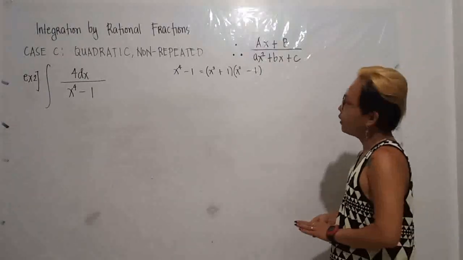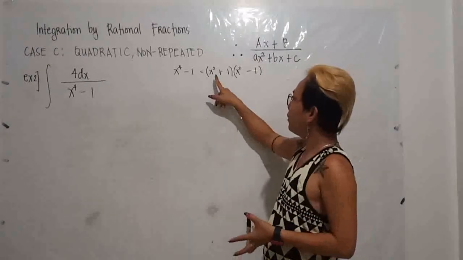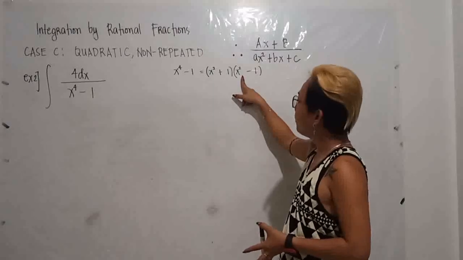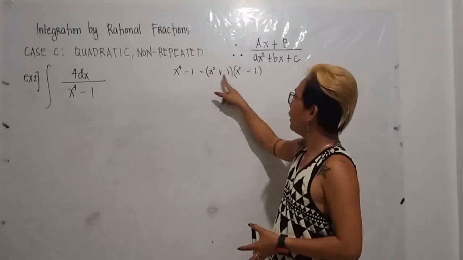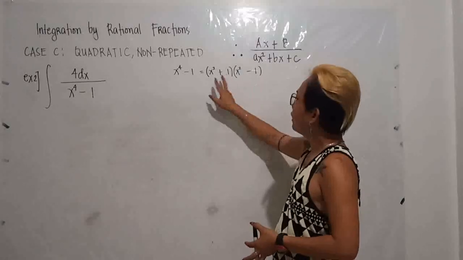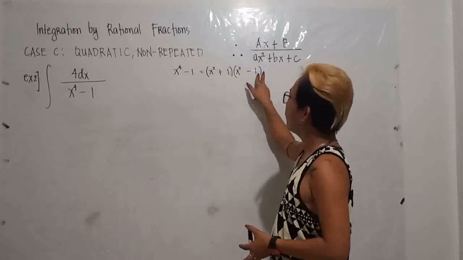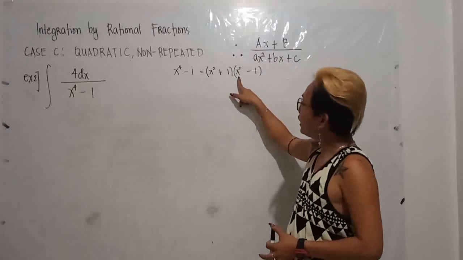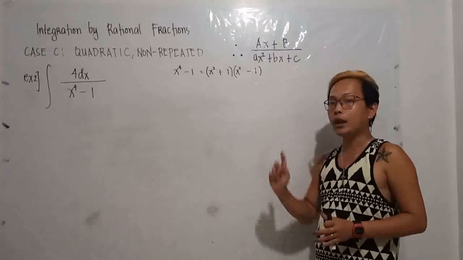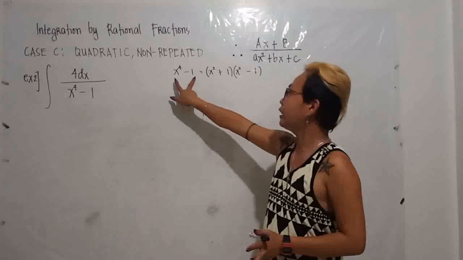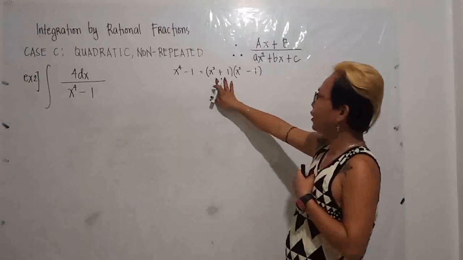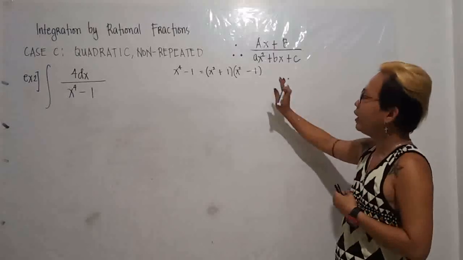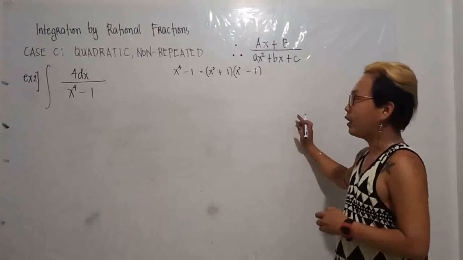So try to evaluate, you will now have x raised to 4, then plus x squared, minus x squared, so minus 1. So x raised to 4, then negative 1, then yung positive x squared and negative x squared maka-cancel. So ang matitira lang is x raised to 4 minus 1. So in that case, your equation now is x squared plus 1. Then the other one is x squared minus 1.